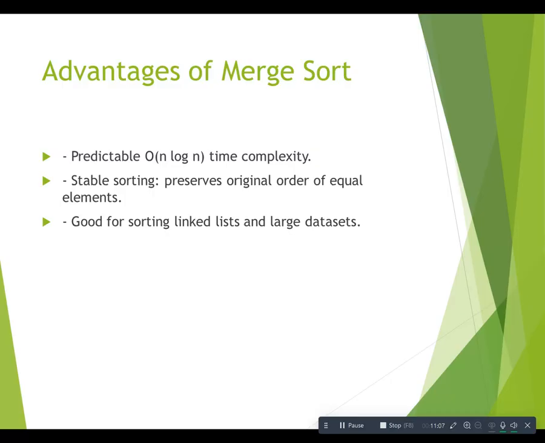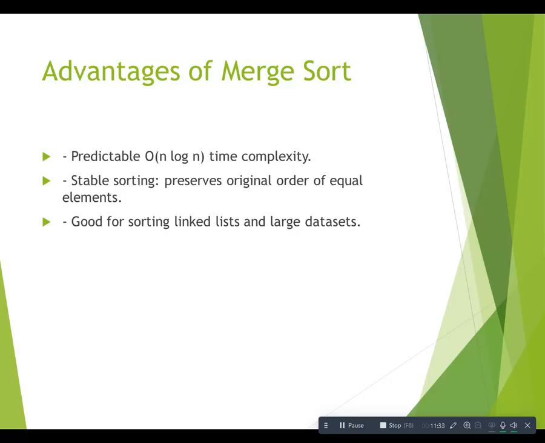So what are the advantages of merge sort? It has a predictable O(n log n) time complexity. While dividing the array into smaller halves, it takes log n, and during the combine phase, to combine each of these halves, we take O(n) time. So for combining we require n into log n time total.